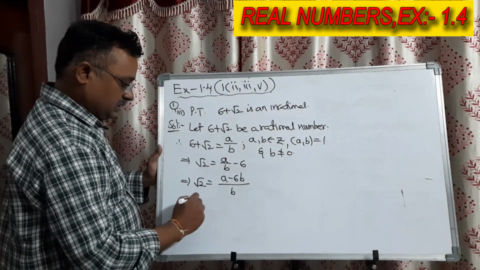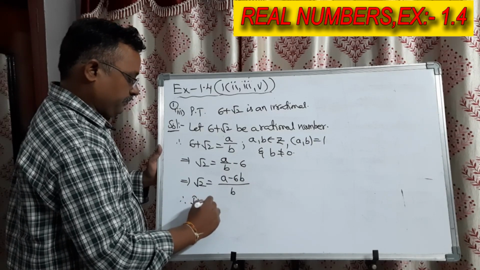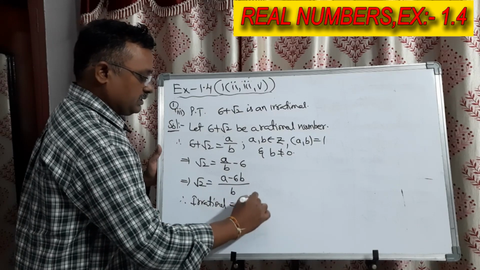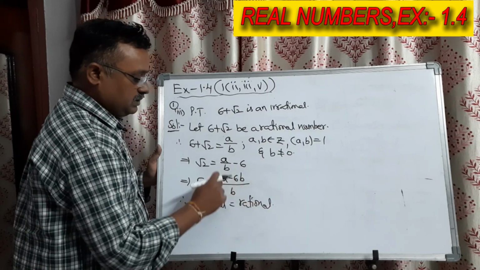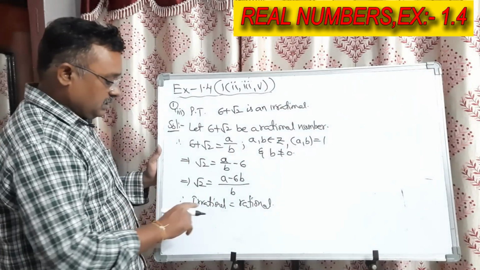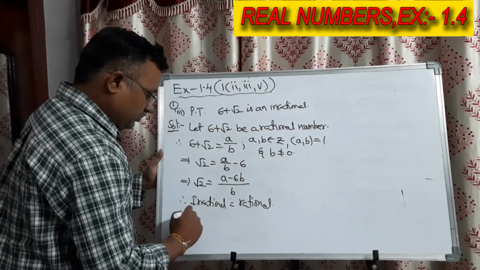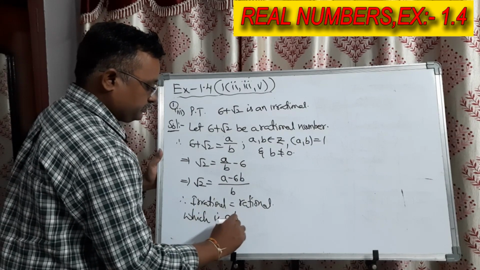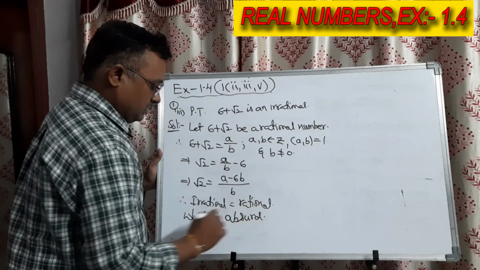Therefore, it gives us irrational is equal to rational. Correct? This whole thing is rational. Irrational equal to rational, which I already told you is absurd, mathematically wrong.